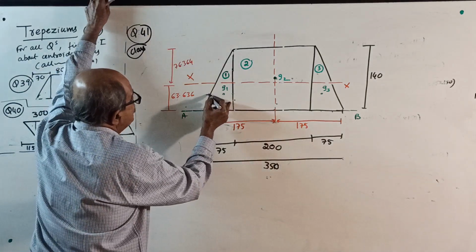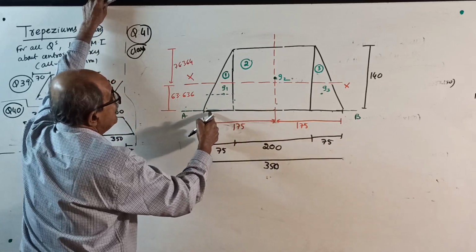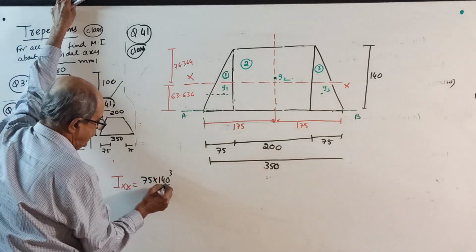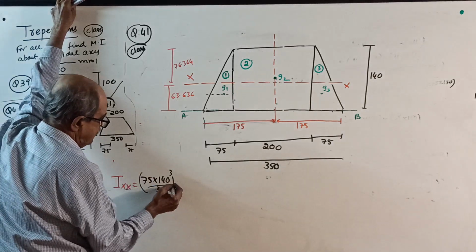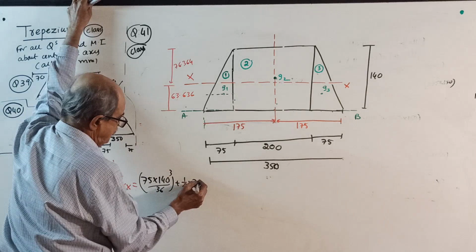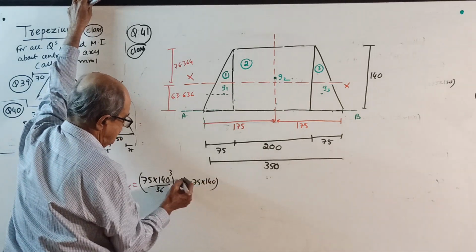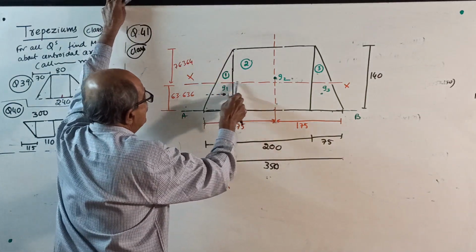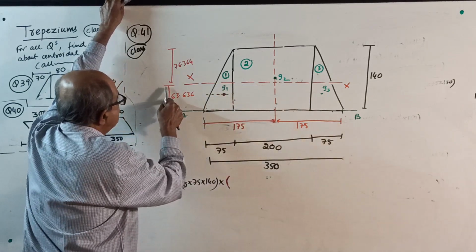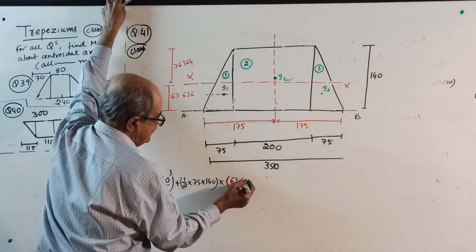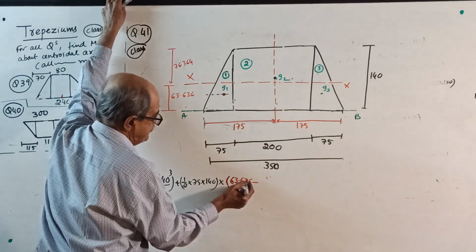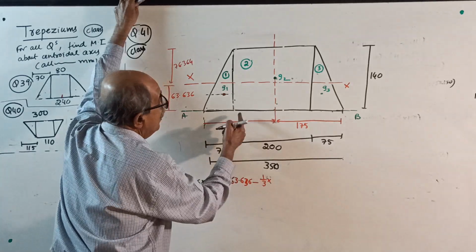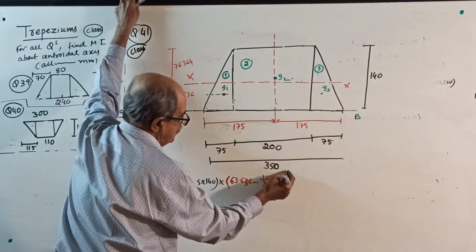I about its own centroidal axis: 75 into 140 cube divided by 36 is Ig, plus area, half into 75 into 140, into the distance from centroid to XX squared, which is 63.636 minus 1 by 3 of 140, whole square.